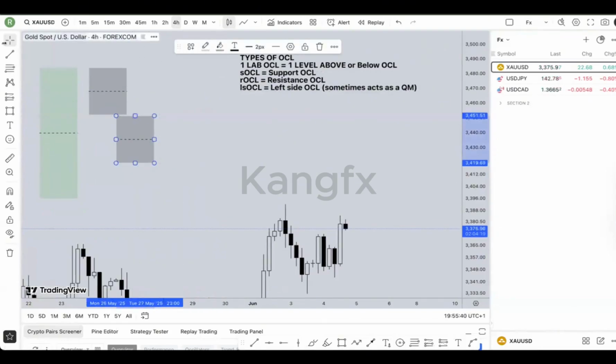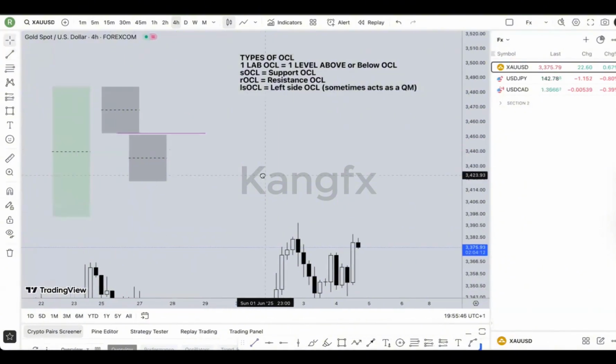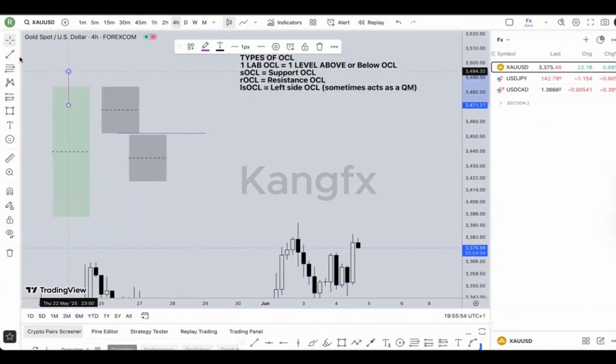Remember I taught you guys OCL in the last class. This area is going to be our resistance OCL. Why is it called resistance OCL? Because this is the OCL that is formed after the market formed a resistance here. This is a resistance and it's the closest thing that is formed.